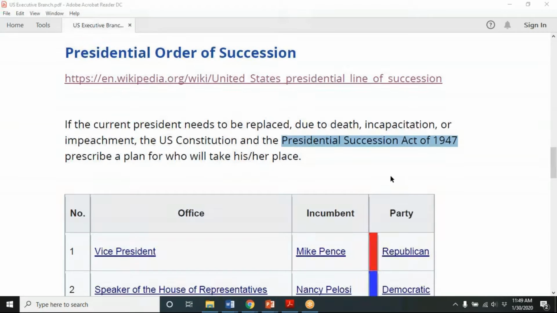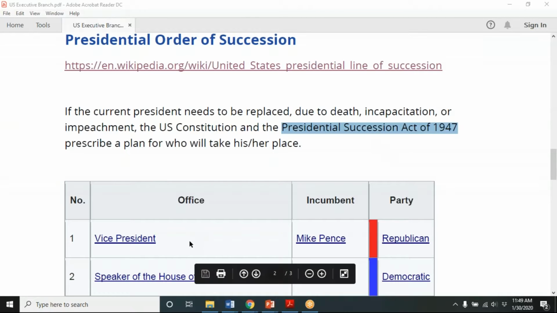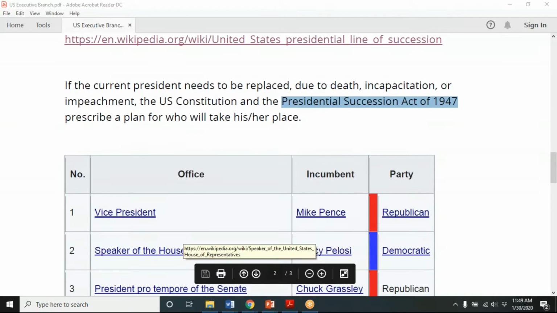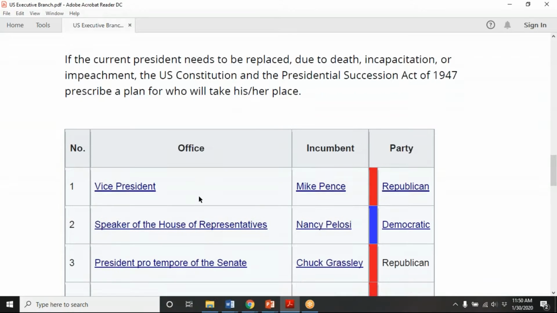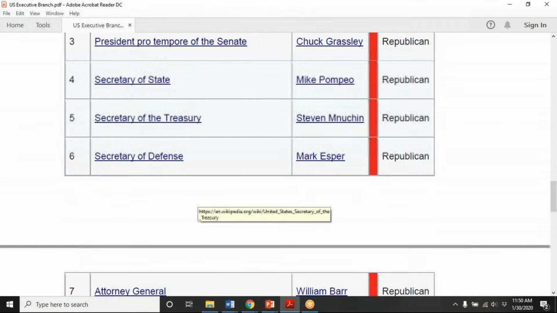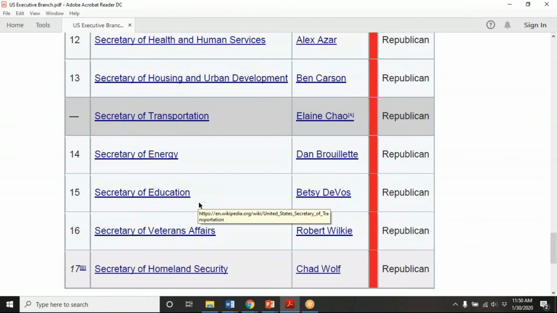At that time, they said, okay, we need a plan here. Because what would happen if a disaster struck, the president dies, the vice president becomes president? What happens then? And so they made what you see on the screen now, the presidential line of succession. They have a plan down to 18 people of who becomes president.